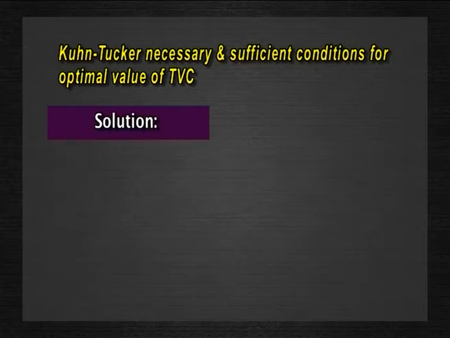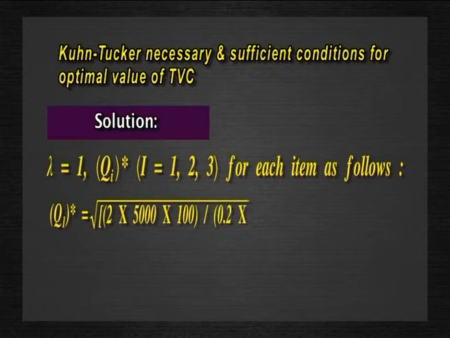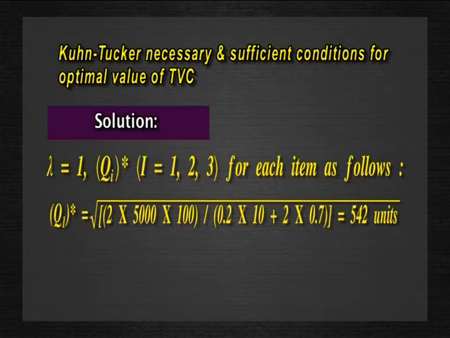Now coming to the solution. For lambda equal to 1, computing Qi star where i is equal to 1, 2, 3 for each item is as follows. Q1 star equal to square root of 2 into 5000 into 100 divided by 0.2 into 10 plus 2 into 0.7 equal to 542 units.